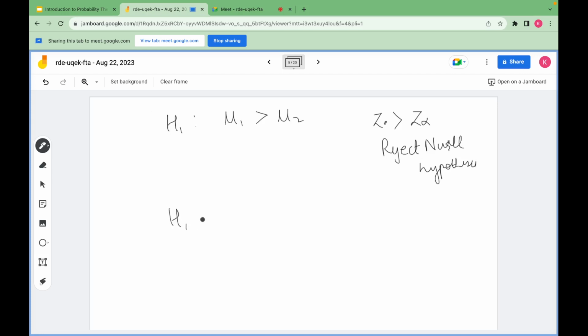But when the alternate hypothesis is less than, then we reject our null hypothesis when z0 is less than minus z alpha. So these things also you need to keep in mind.